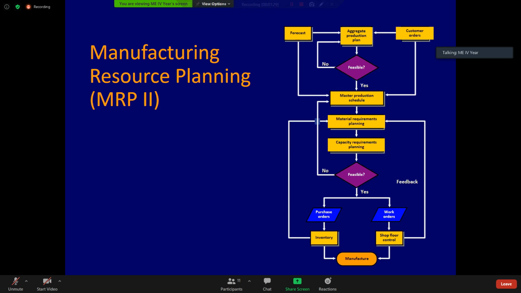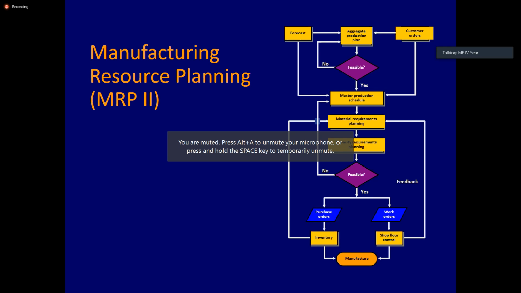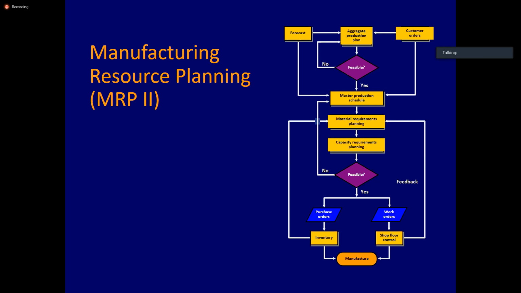The name itself says it: whatever we need to manufacture any product, initially we need some resources, not only material but also customer orders and capacity planning like machinery. It includes the supplier end also, because sometimes we need help from a supplier, which we call subcontracting. So all this planning, you can see in this flow chart.